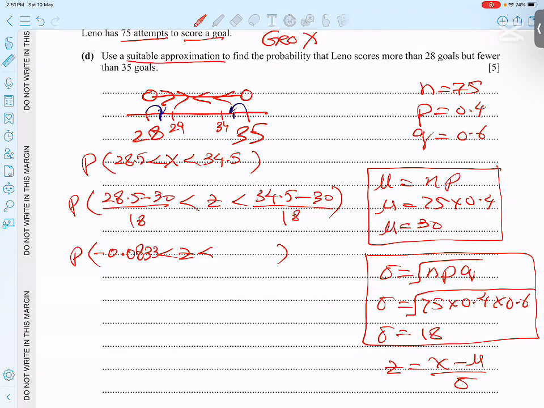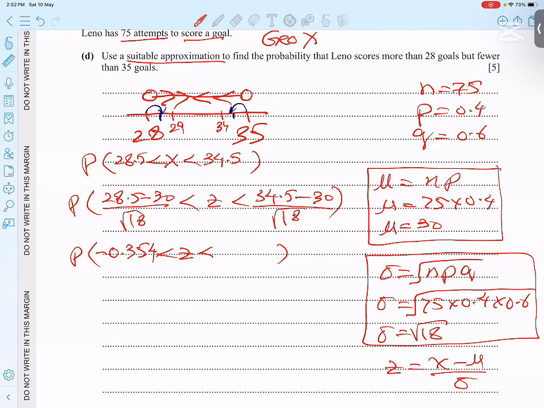Okay, sorry, not 18, it is root 18. That is why I'm getting a very awkward answer. It is 28.5 minus 30, divided by root 18. Make sure, students, root 18, because 18 is actually the variance. Now I'm getting the correct value: negative 0.354.